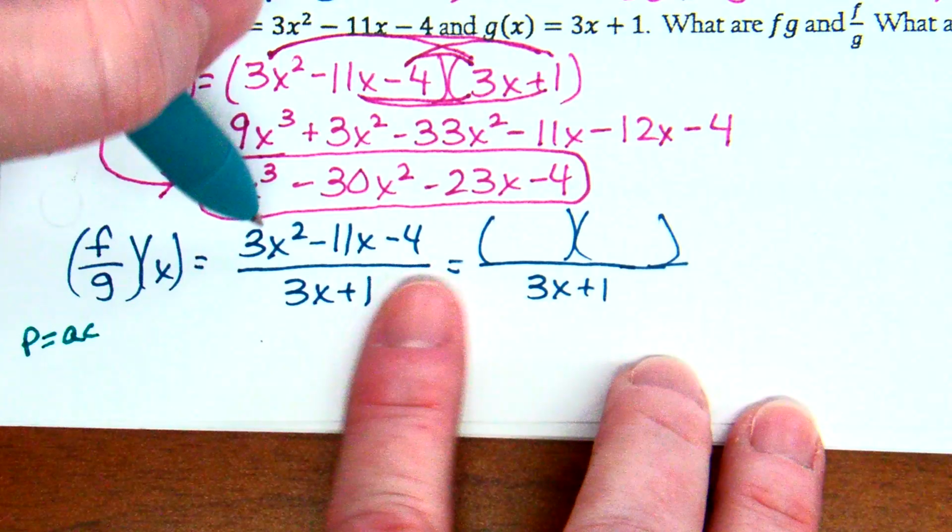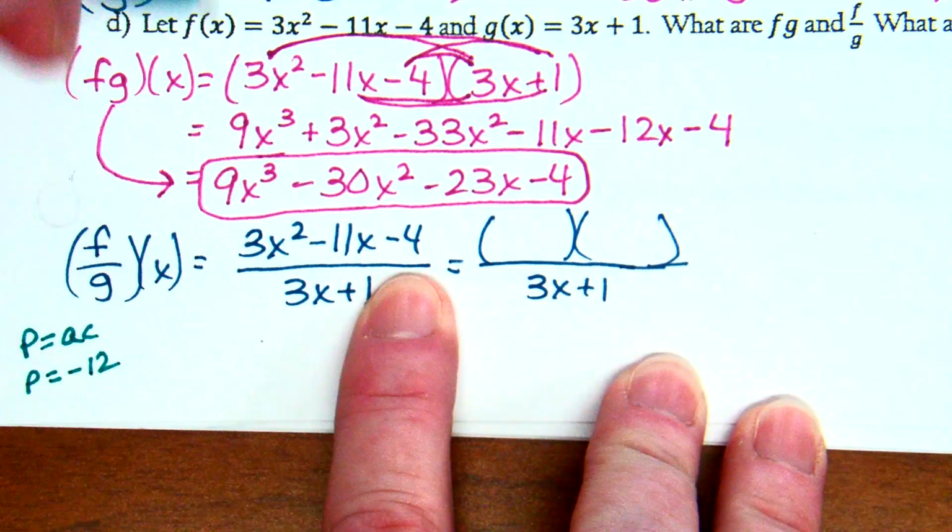Product of AC. 3 times negative 4. 3 times negative 4 means I'm going to need a product of negative 12 and a sum of B, which is negative 11. What multiplies to be negative 12 and adds to be negative 11?